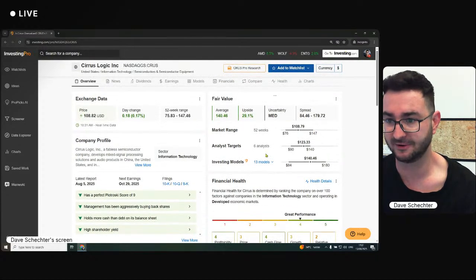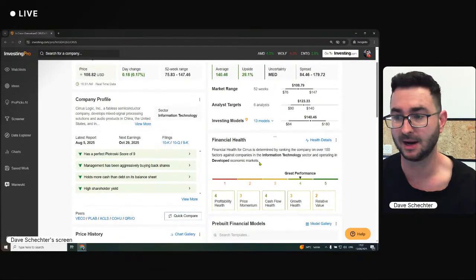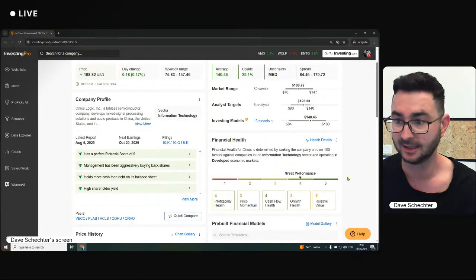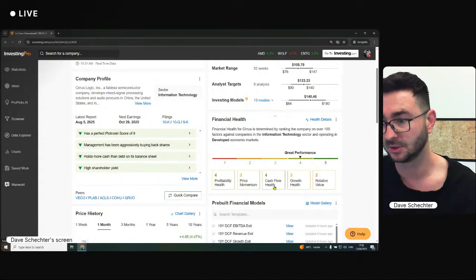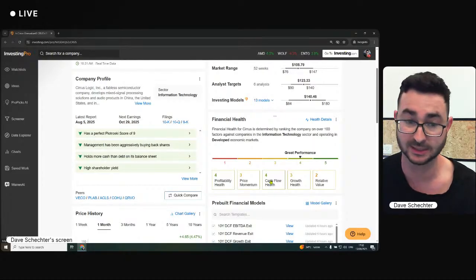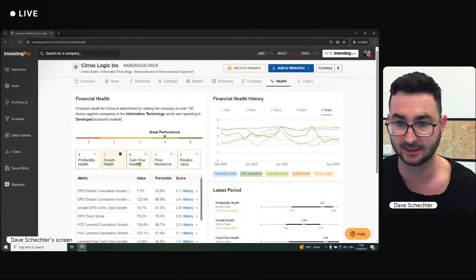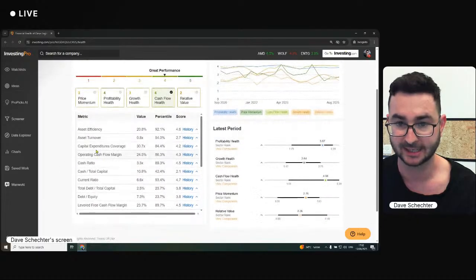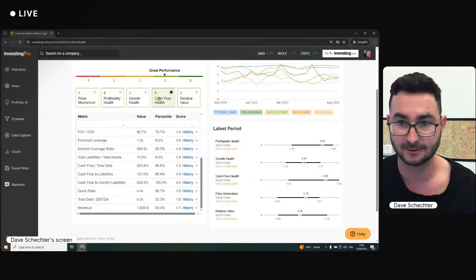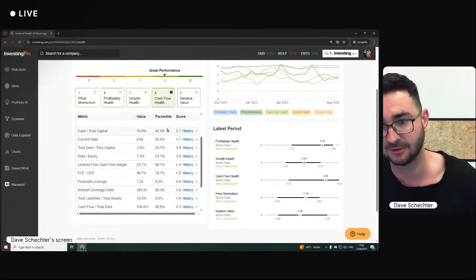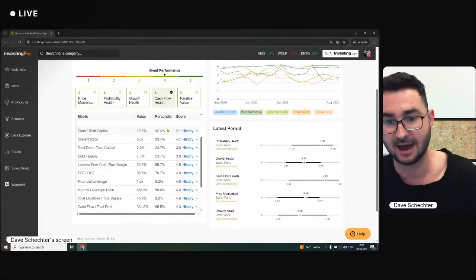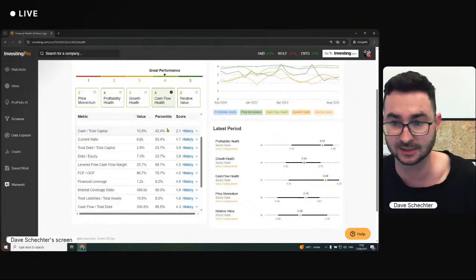Just like with fair value, we like to get rid of the black box and give you as much resolution into how we came up with these conclusions as possible. Let's say I wanted to understand why cash flow health was given a 4 rating. I can click on cash flow health and see all of the metrics that comprise it, what value each was assigned, and, in a percentile fashion, how it ranks in comparison to its sector or peers.